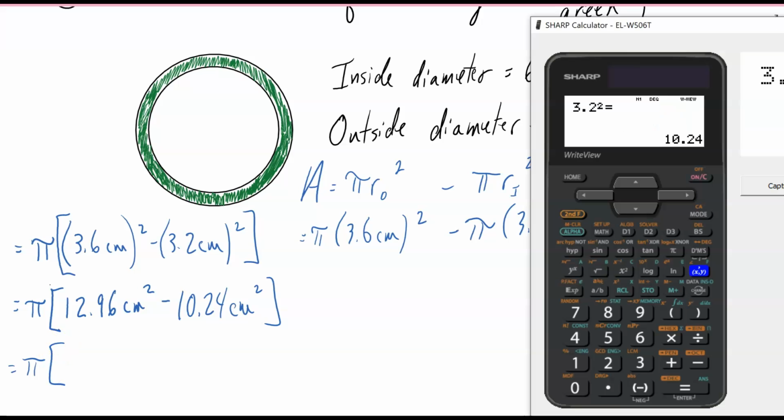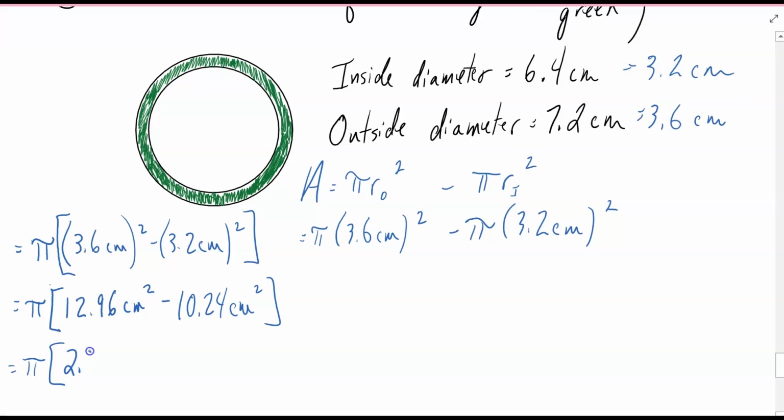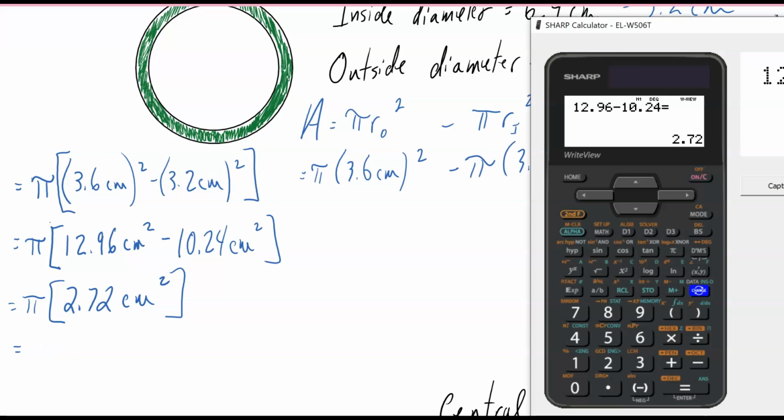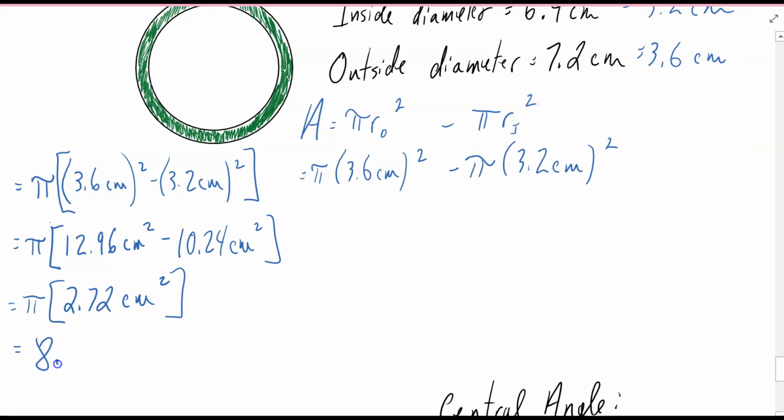So let's do that subtraction. 12.96 minus 10.24, 2.72 centimeters squared. And now I can multiply that by pi. And go to the calculator. Times pi equals 8.5 centimeters squared.